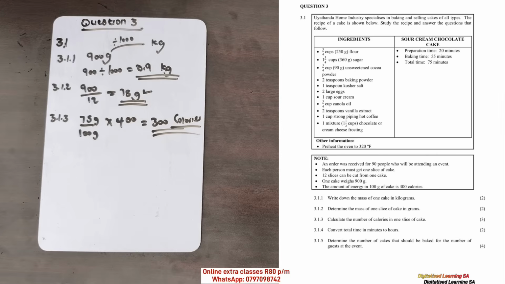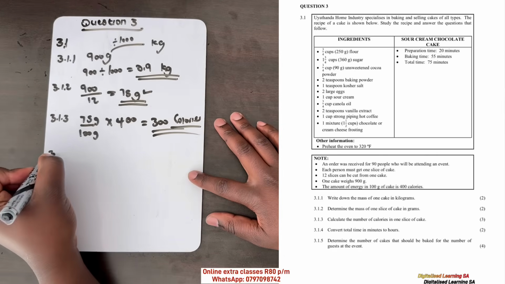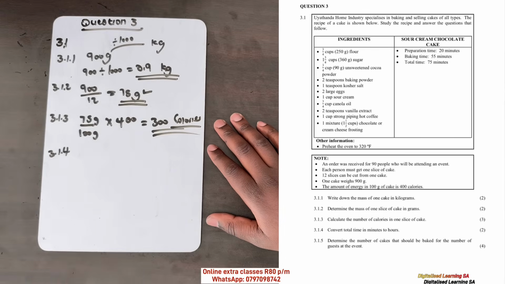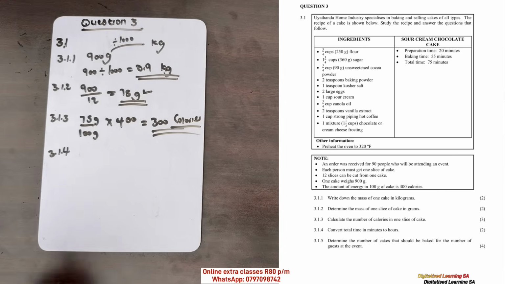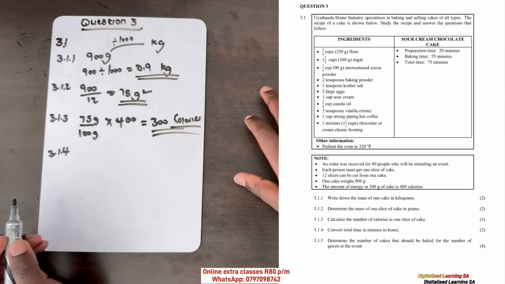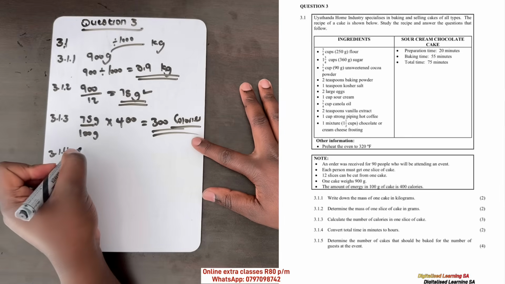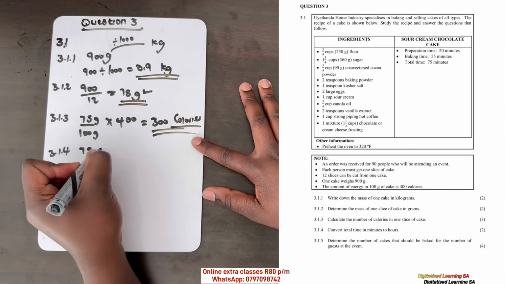Okay, so now let's move to question 3.1.4. Question 3.1.4 says convert total time in minutes to hours. So we need to convert total time from minutes to hours. We know that total time is 75 minutes.